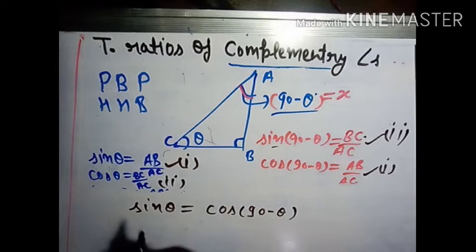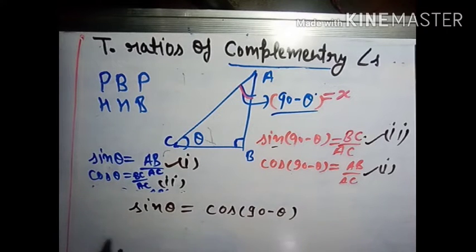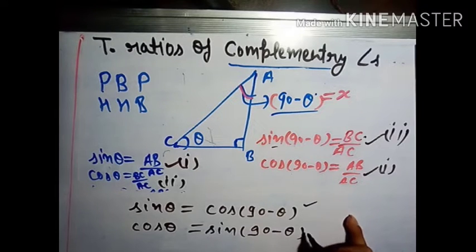And what about cos theta? Cos theta is equal to sin 90 minus theta. Do you understand?